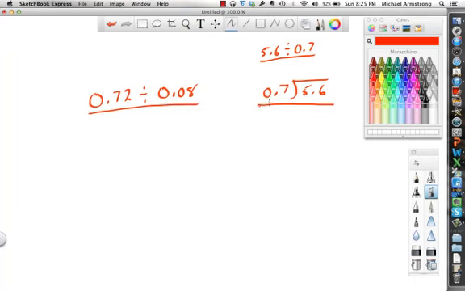This one, when you read it, you say 0.7 goes into 5.6, and we say how many times. All right, so we're just going to start moving decimals because that's what this is all about. If I multiply this, I want to move this decimal 2 times, and I want to move this decimal 2 times. Okay. It's nice that they're both the same, but they don't have to be.